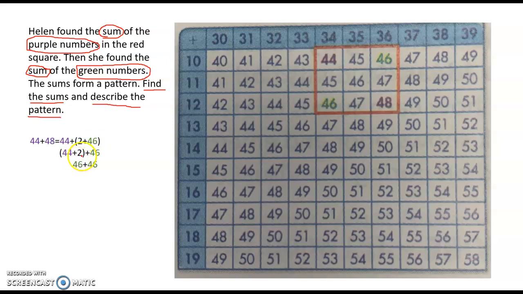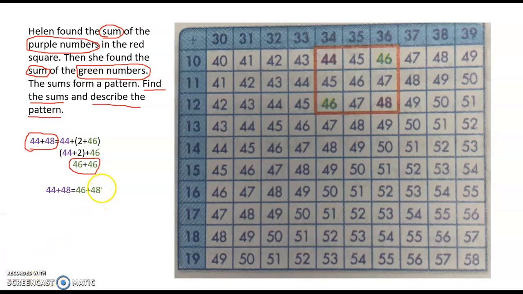44 plus 2 equals 46. Now I have 46 plus 46. So 44 plus 48 is the same as 46 plus 46. 44 plus 48, again, the same as or equal to 46 plus 46.